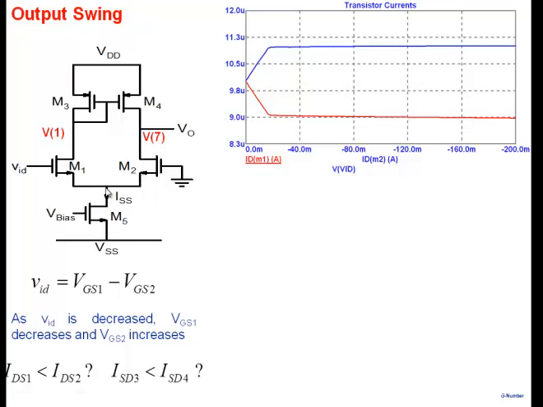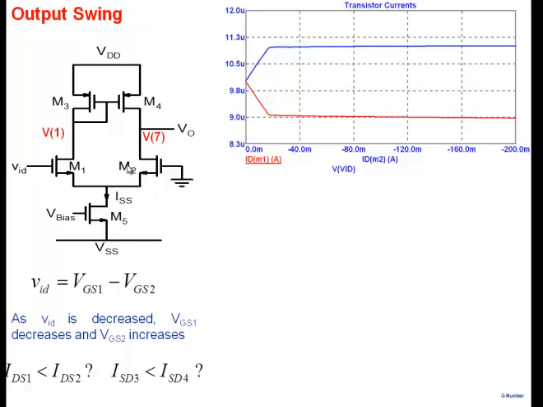So how do you explain that current here is also 10 microamperes? How do you explain M2? What is happening in M2? So see the problem. I'm making VID negative. Therefore, VGS2 has to become larger. And if VGS2 is becoming larger, but current is remaining constant, is that possible?